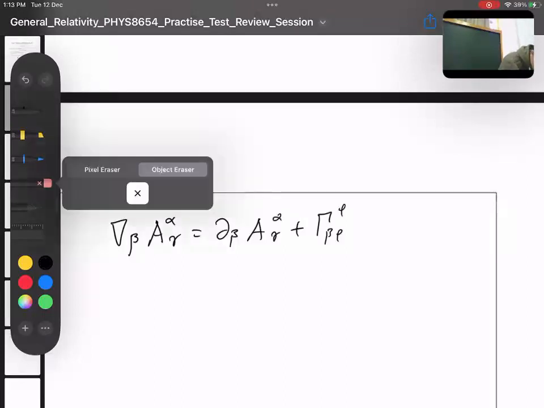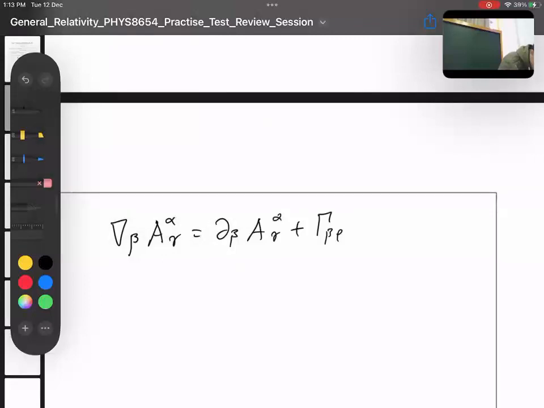This one has a sigma index, and this one has an a. So a sigma, and this one has a rho. Sorry, rho, and then we have a alpha. We have a gamma here, and we minus this one, alpha gamma rho, a rho, gamma. No, beta. So this is the new definition.